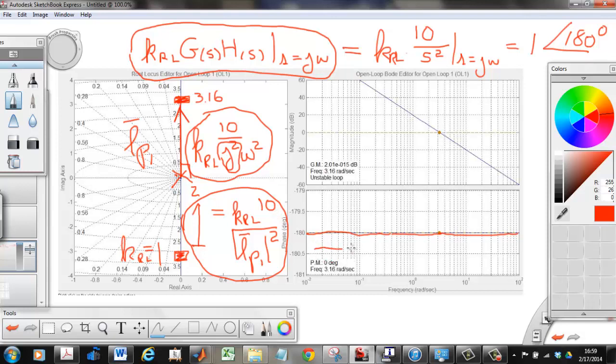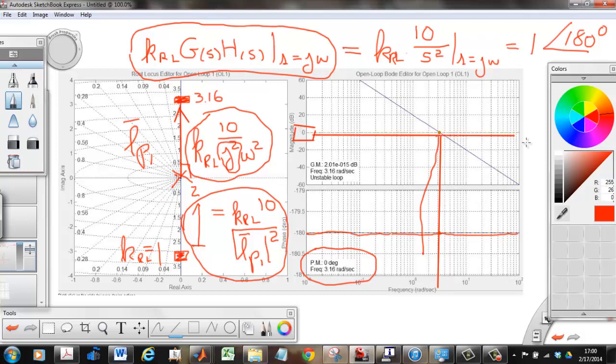I notice that my 0 dB, that's 3.16, is going to take me right down there at 0 dB, going across at 3.16. So I have a Bode slope of minus 40 dB per decade.